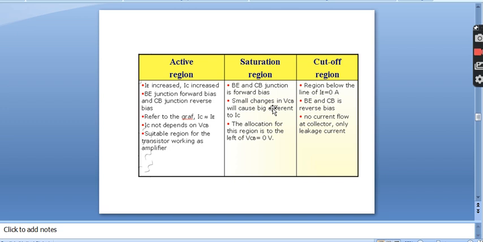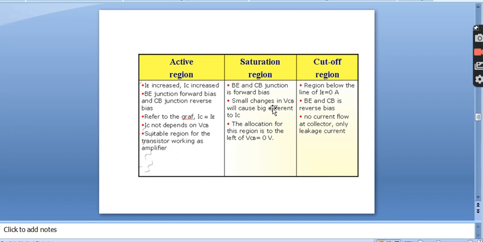Active region means the input region is forward biased and the output region is reverse biased. When we form these biasing circuits and increase the input current, that is IE, IC increases.